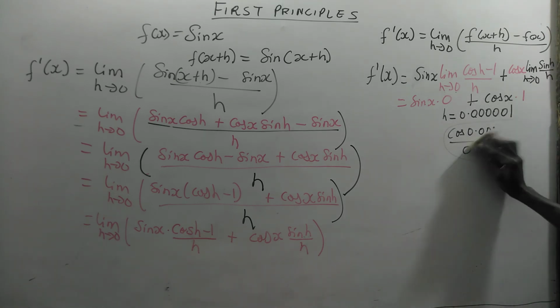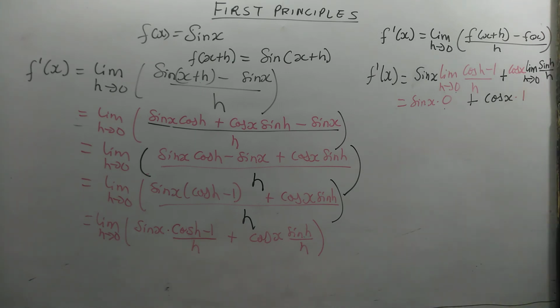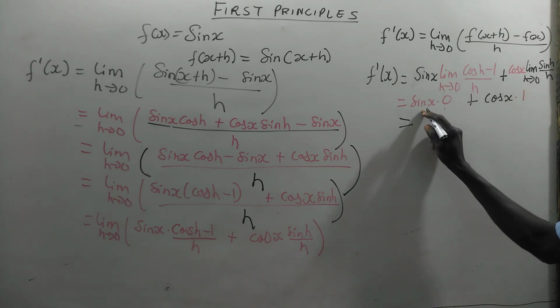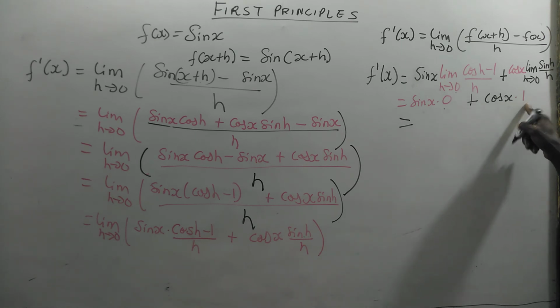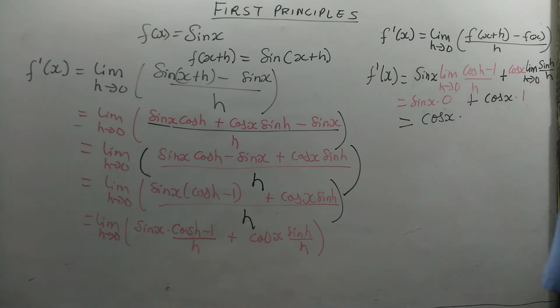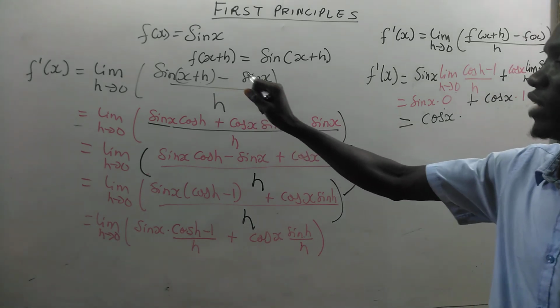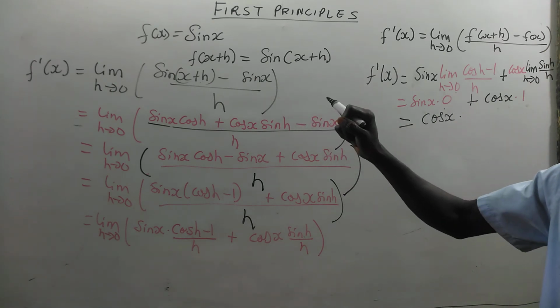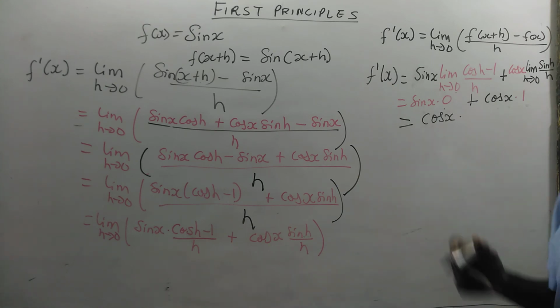Now, we are going to have this to be equal to sine x times 0 is 0 plus cosine x times 1 will give us cosine x, and we have proved that from the definition of derivatives, or from first principles, the derivative of sine x is equal to cosine x.